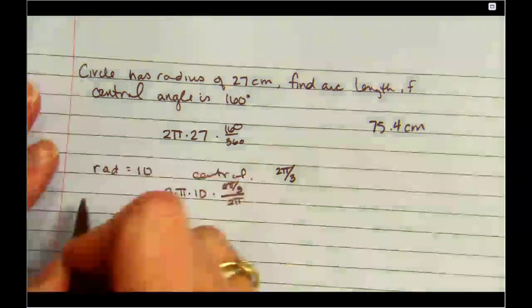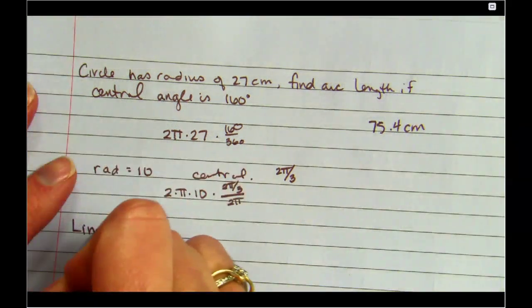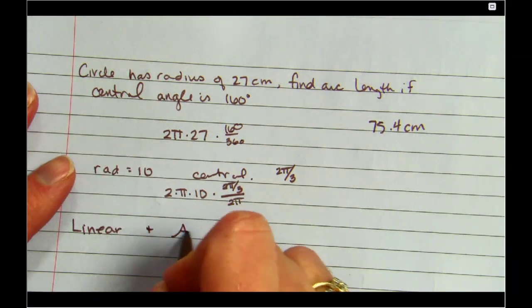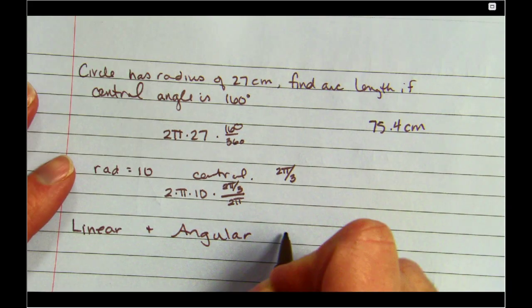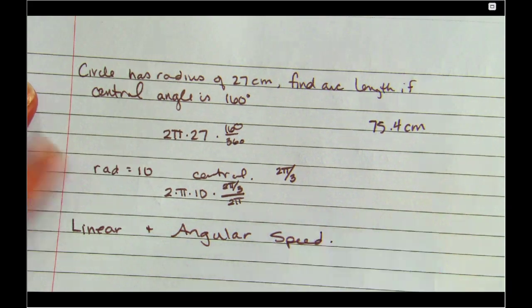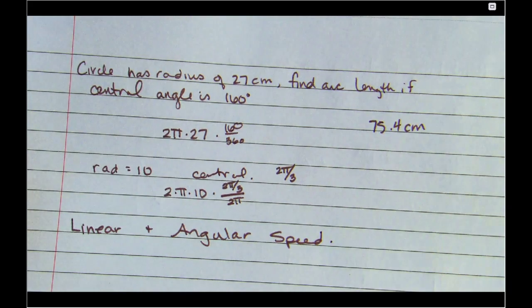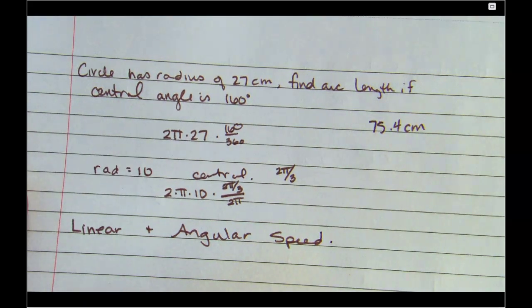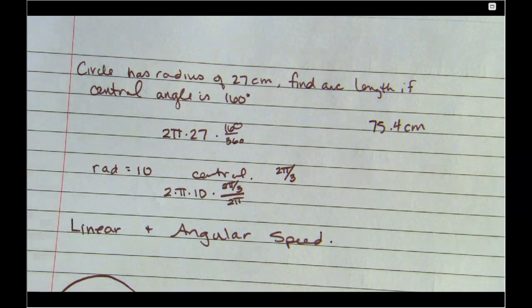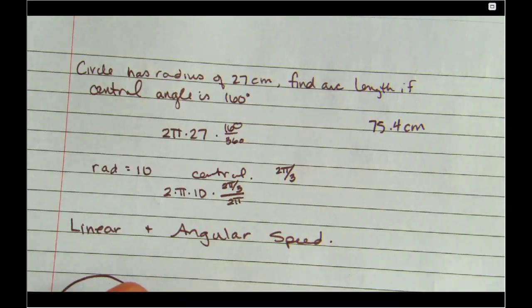Now, linear speed and angular speed. Imagine you're looking at an old analog clock that has a second hand.